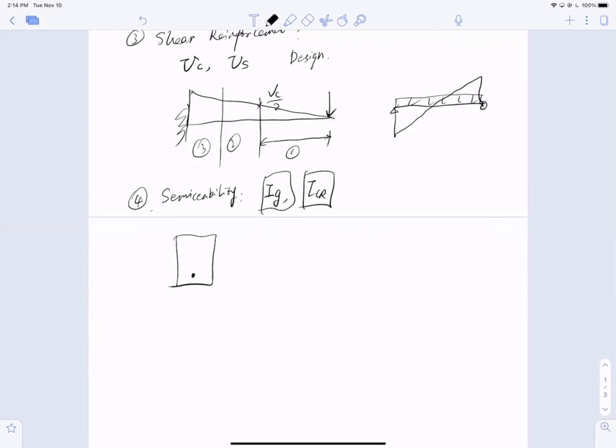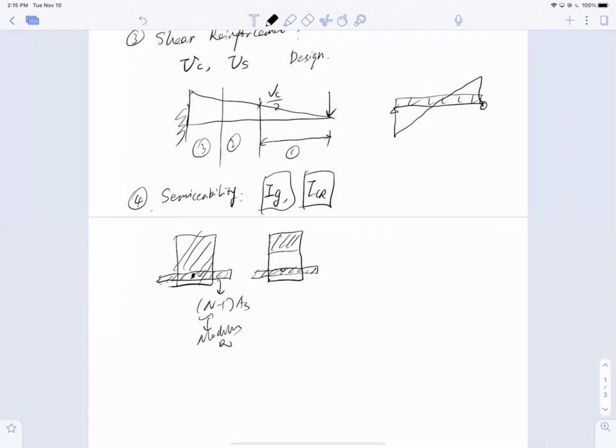How do you convert the bar into a strip and do the whole moment of inertia? For cracked, there is a cracked region, and there's a bar, and you can convert that into strips. And this is, don't forget, n minus 1 AS, n being the modulus ratio. And this is n AS. Why? Because I have a crack section right here.